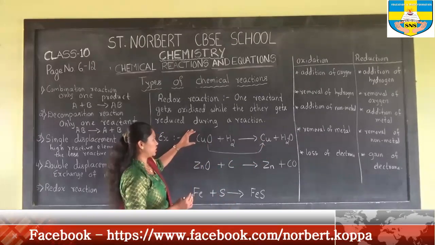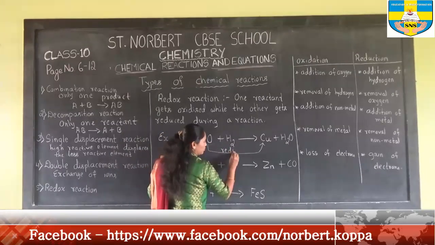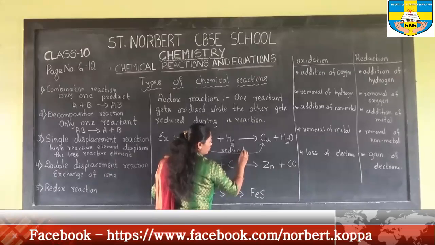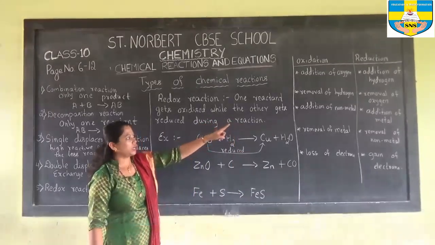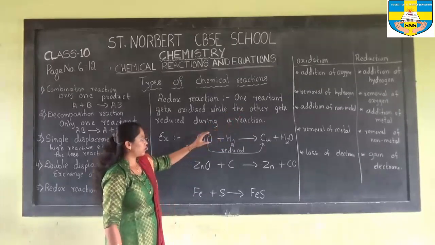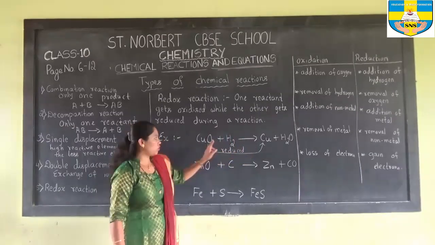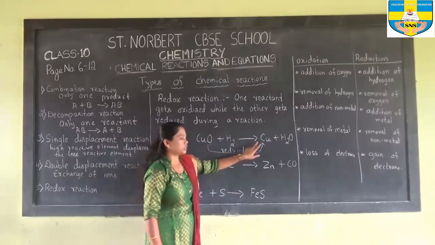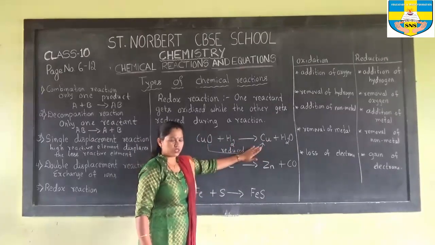So, in this reaction, the CuO is reduced. See the definition properly. Removal of oxygen comes under reduction. From the CuO, oxygen is removed. So CuO is reduced into Cu. So this is the reduction.